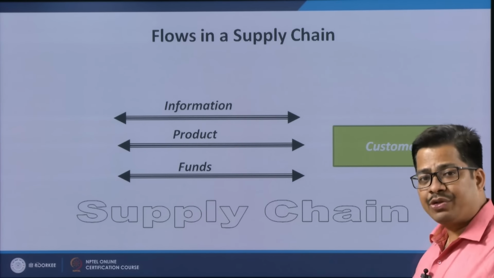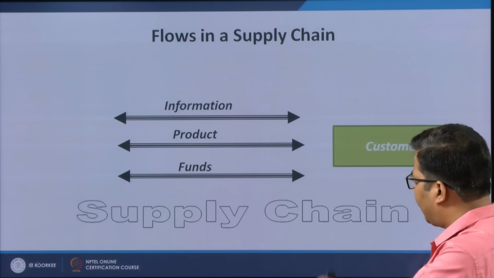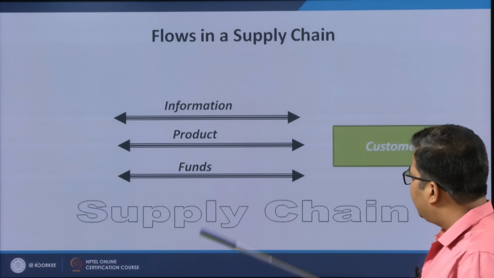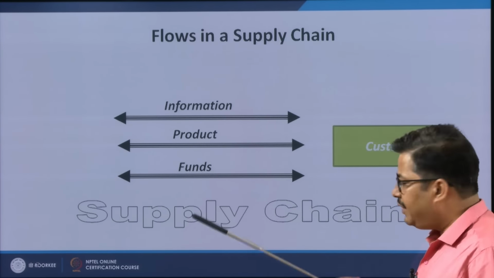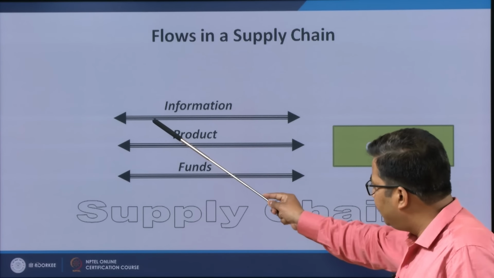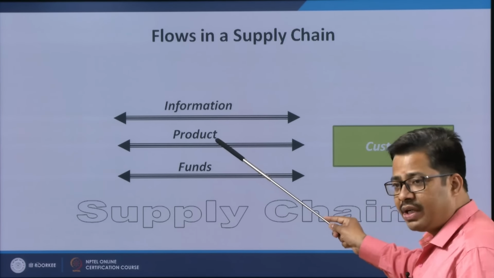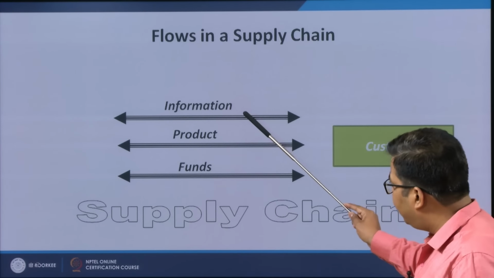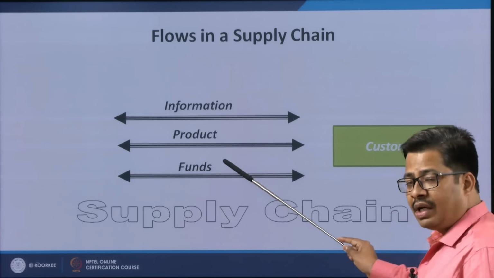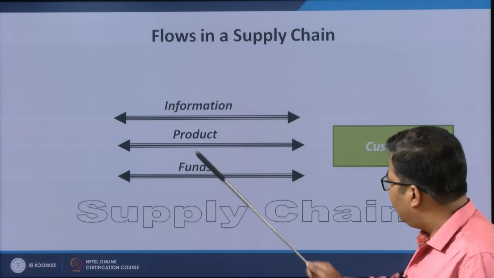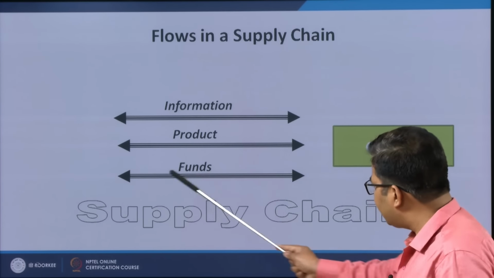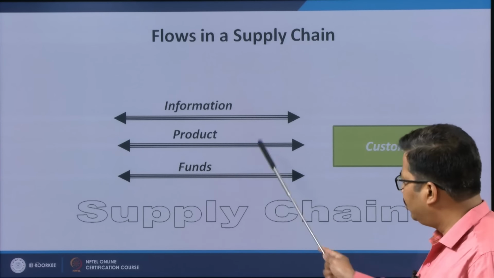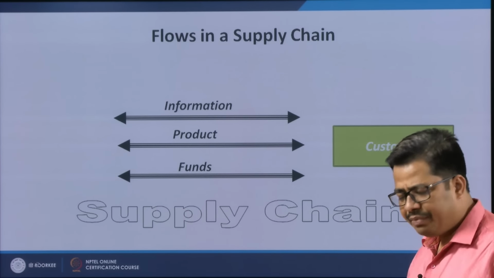But actually, as I told you in the beginning, in the second slide, in a supply chain we have the flow of three important elements: information, product and funds. You can see the arrows in both directions in this slide.